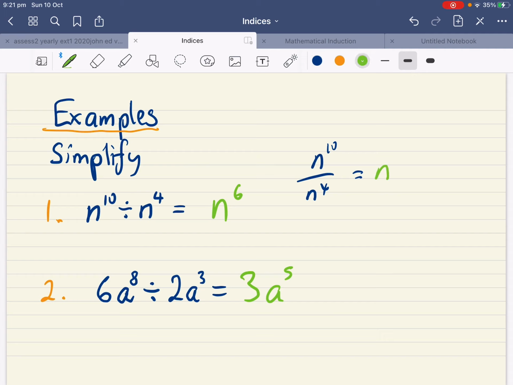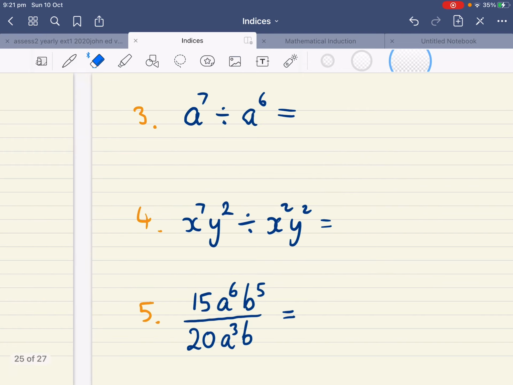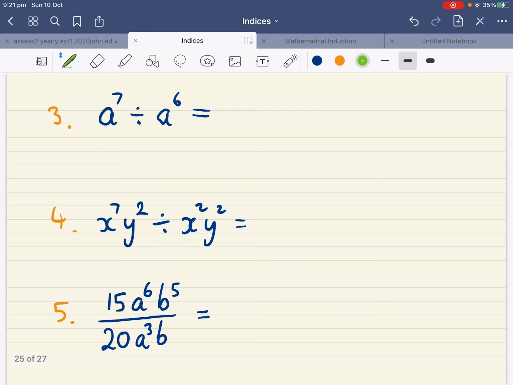Keep the base the same, minus the powers. So don't freak out. I think there's one of them in the examples, and I think there's a couple in the actual questions where the division has been written in a different way. If it's like, for example, here, example 5, that still just means divide, right? So it doesn't magically use different rules. Division is division, you minus the powers.